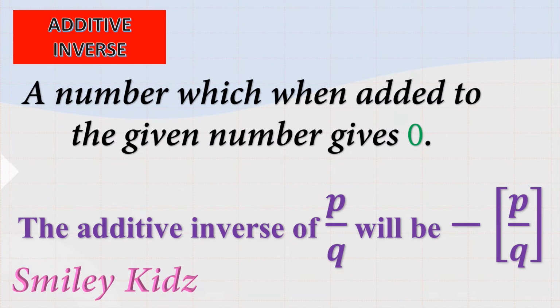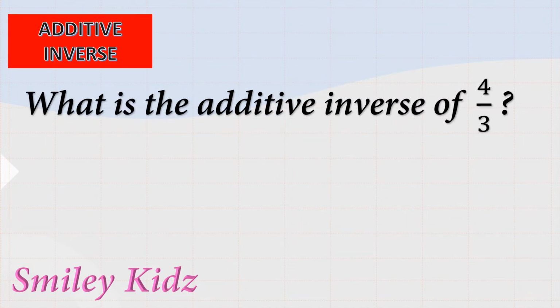Additive inverse. What is additive inverse? A number which when added to the given number gives 0. For example, the additive inverse of p by q will be minus p by q. Let's see few examples. What is the additive inverse of 4 by 3?